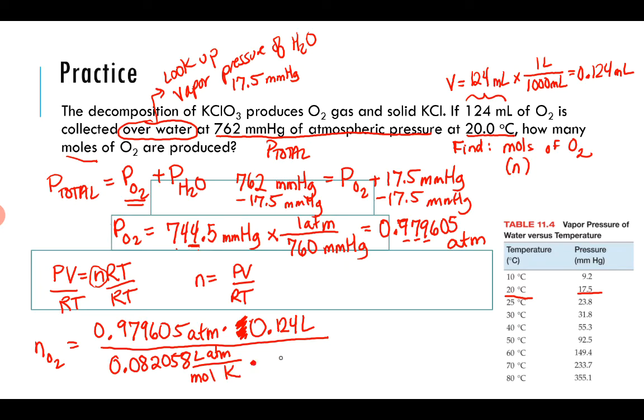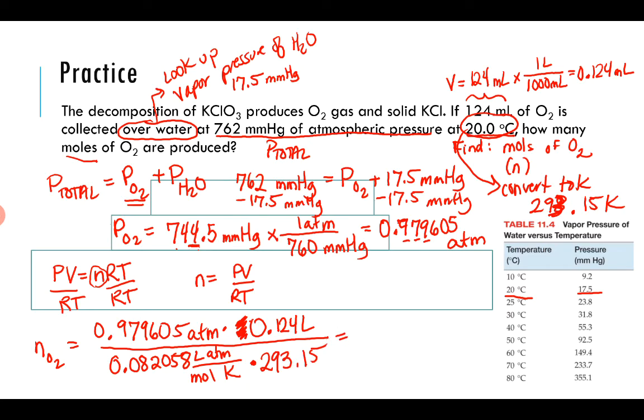And then I multiply that by my Kelvin temperature, which is, oh, I haven't calculated that yet. So my temperature was 20 degrees Celsius, and so I add 273.15 to convert that into Kelvin, and you get 293.15.